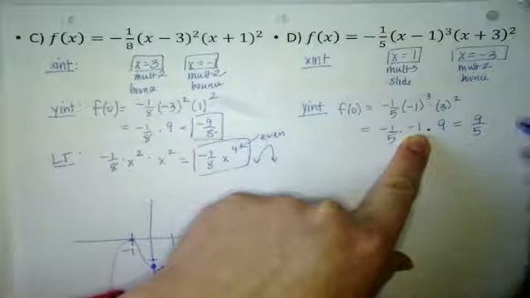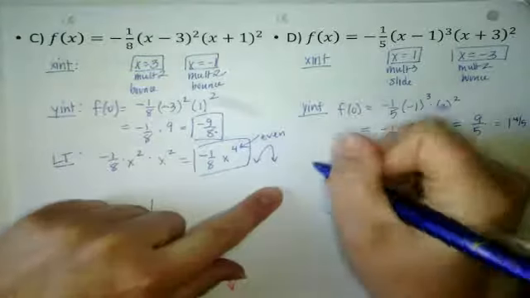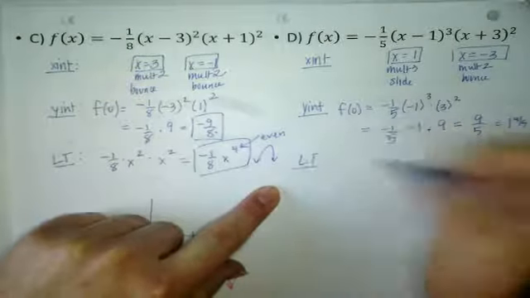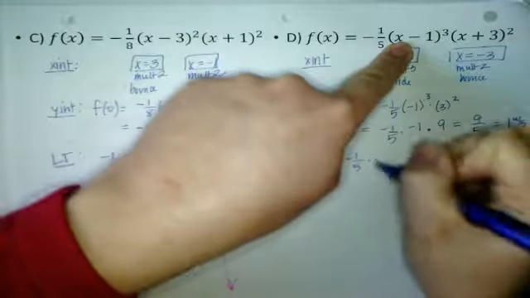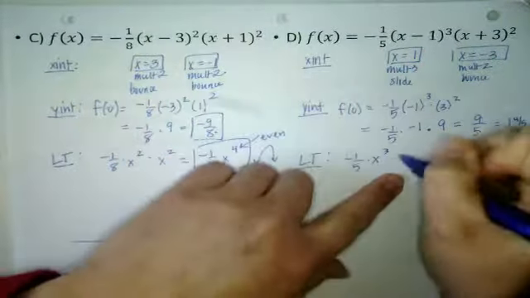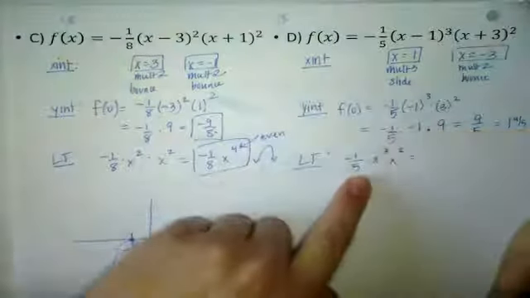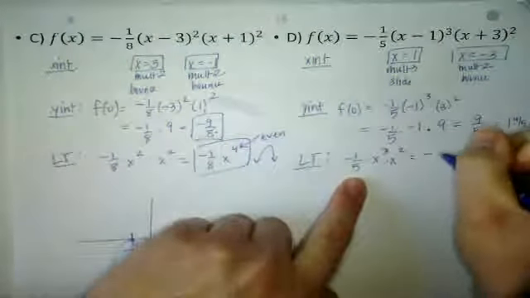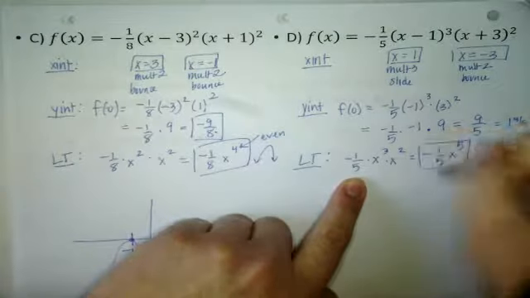So that's, well, 1 4/5. All right, not quite 2. Leading term, we have -1/5 times x being cubed times x being squared. And so that's going to be -1/5 x to the 5th for my leading term.